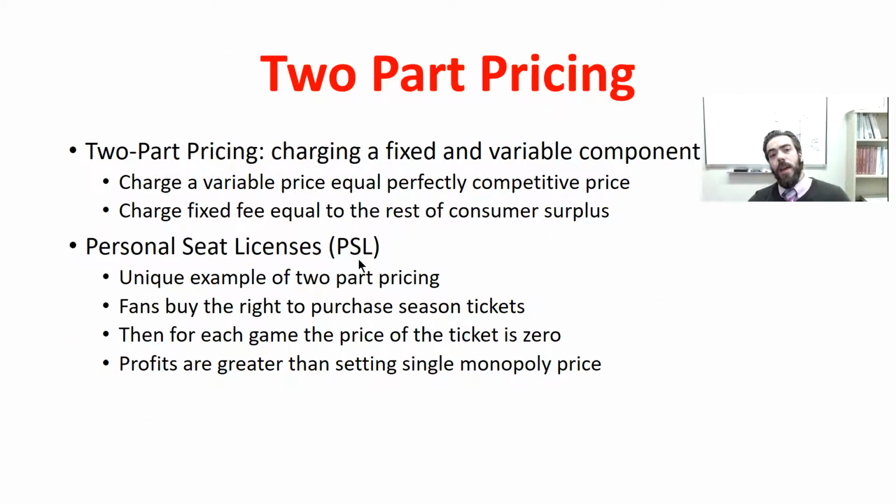Two-part pricing is going to use a similar idea, but it's a little bit different. So I think the way I like to usually explain this is relative to one consumer. We know that one consumer is willing to pay more for the first game that they attend, for that first ticket, than for the second ticket or the second game they go to that season, right?